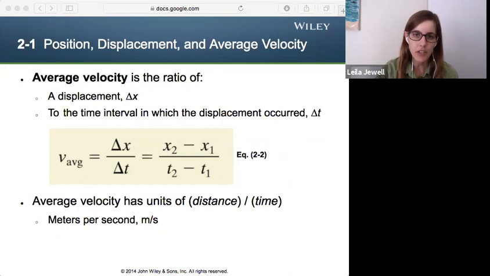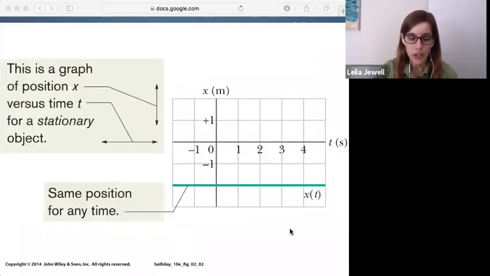Now, with this definition of average velocity, let's see what it looks like in practice with a graph. First, here's a graph of position versus time for a stationary object. We have position on the vertical scale, right? These are different possibilities of positions that you can have in x, and then time is passing on the horizontal scale. In this case, we have an object that starts out at x equal to -2 meters, and after 4 seconds, it is still at that same -2 meters.